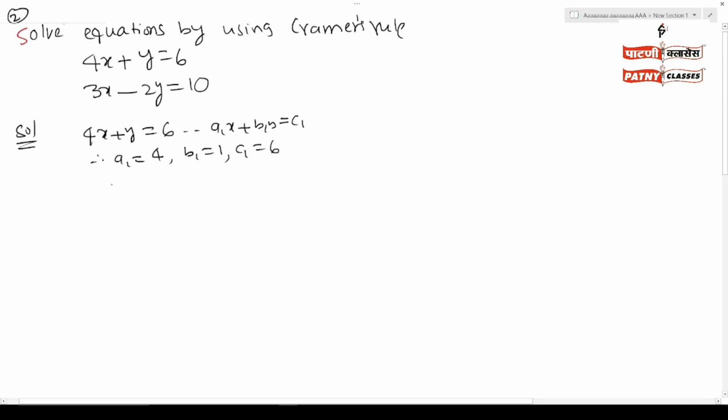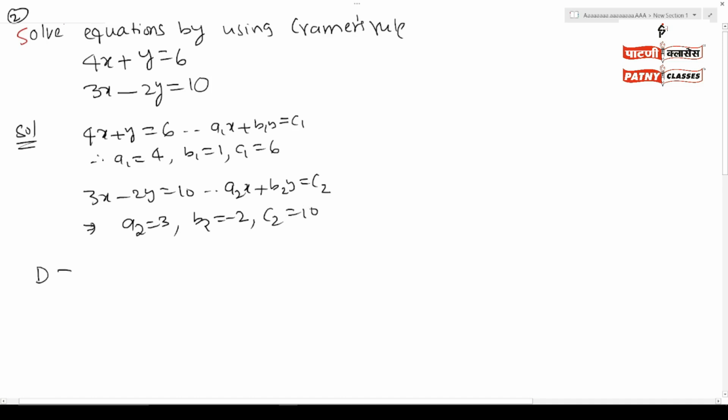Now the second equation is given as 3x minus 2y equals 10, comparing with a2x plus b2y equals c2, implies a2 equals 3, b2 equals minus 2, and c2 equals 10.